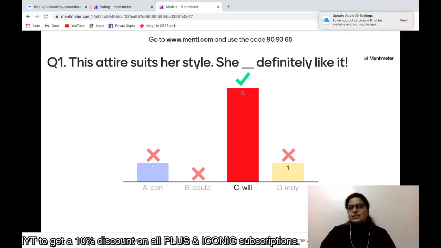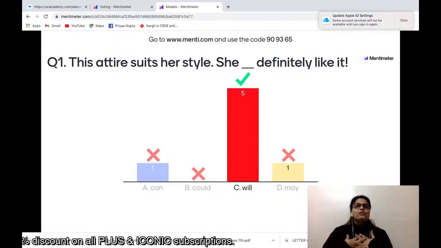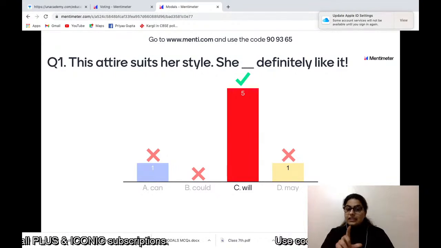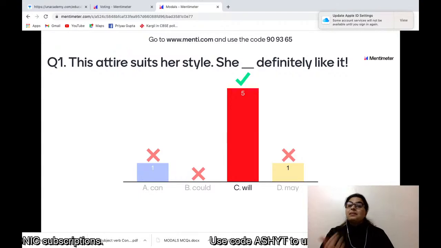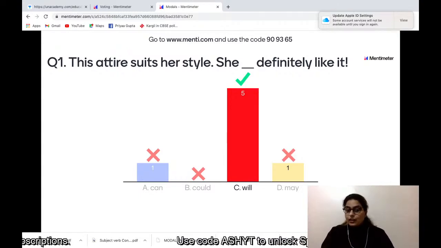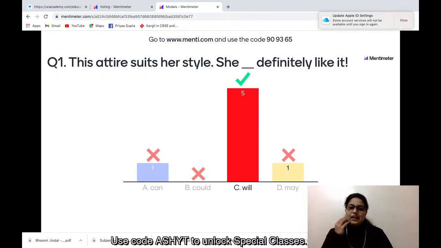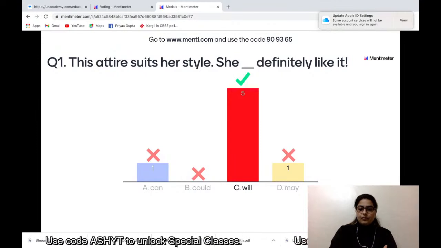She can like it, that's okay, but can is about abilities. You know, I can write and I can sing. I'm very bad at singing, I'm just saying. But here, according to the sentence, you are finding out a possibility. She will definitely like it. So she likes these types of attires and she will definitely like it is kind of a possibility we have here.